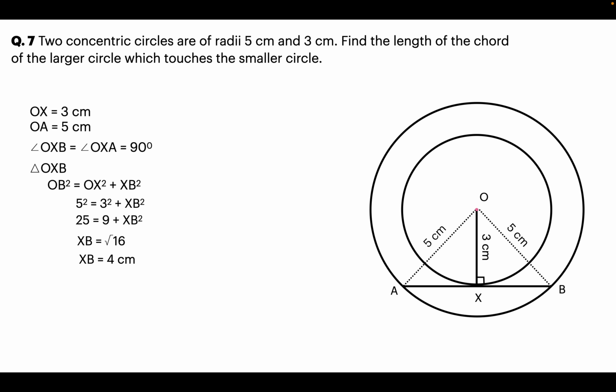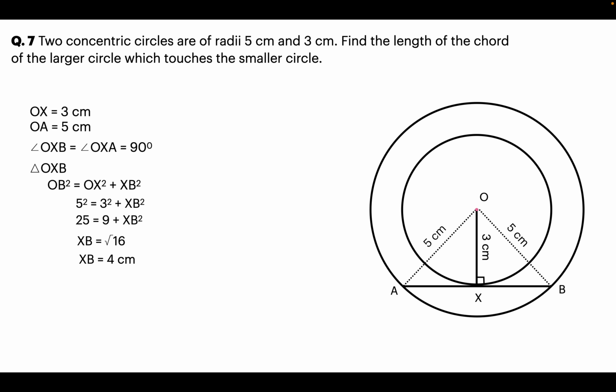And if you remember in 9th grade, I think it was the very first theorem in the circle chapter, that a perpendicular to a chord, from the center of the circle, always bisects it. And OX is perpendicular to the chord AB.